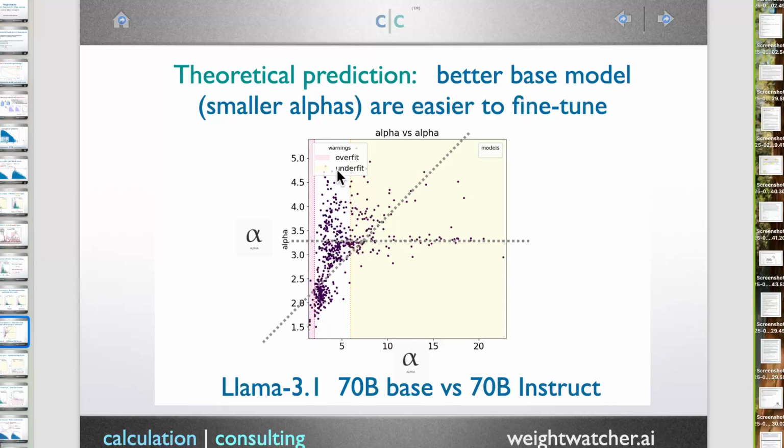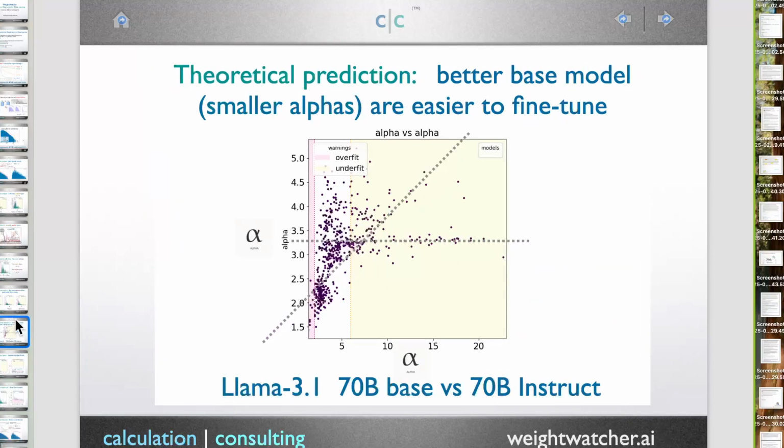But a lot of them are up here in the 3 to 5 range, and that's because the alphas in the base model are somewhat high. So what we think happens is that if the base model has a lot of slack in it, it might be harder to do good instruction fine-tuning. It doesn't mean you have to have everything perfect, but we definitely see a trend that it's harder to do instruction fine-tuning when the alphas aren't as good.